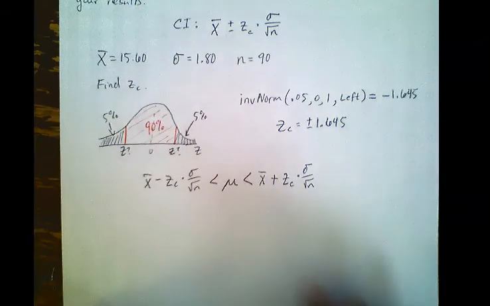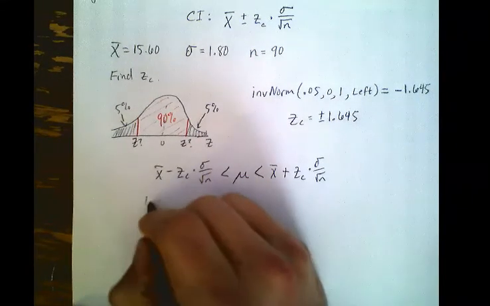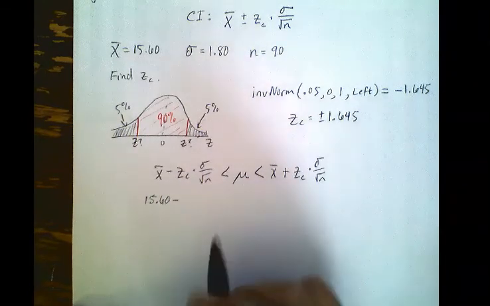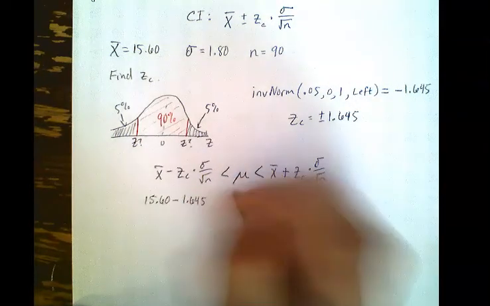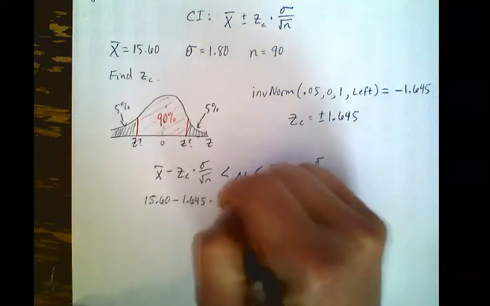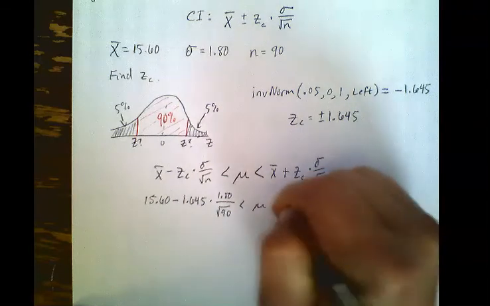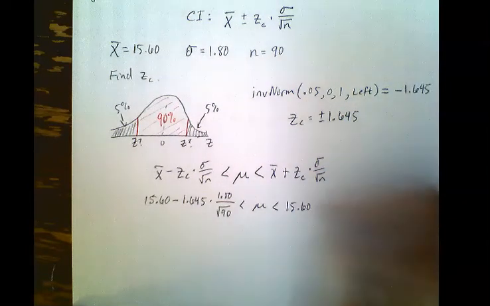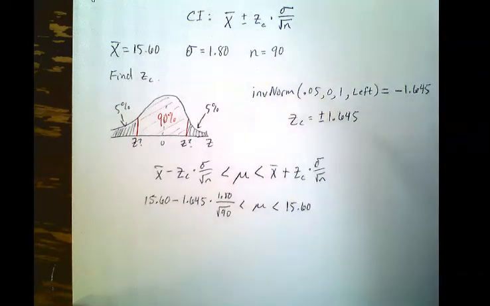Okay. So let's just plug in our values. X bar, so that's 15.60 minus our z critical 1.645 times sigma over the square root of 90. Same thing over here, just plus instead of a minus, right? So that plus or minus takes care of the plus or minus here from our z-scores.